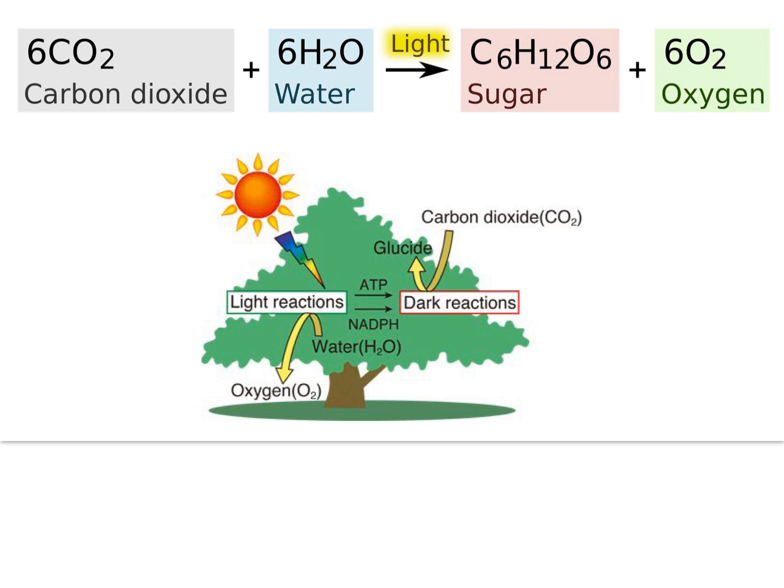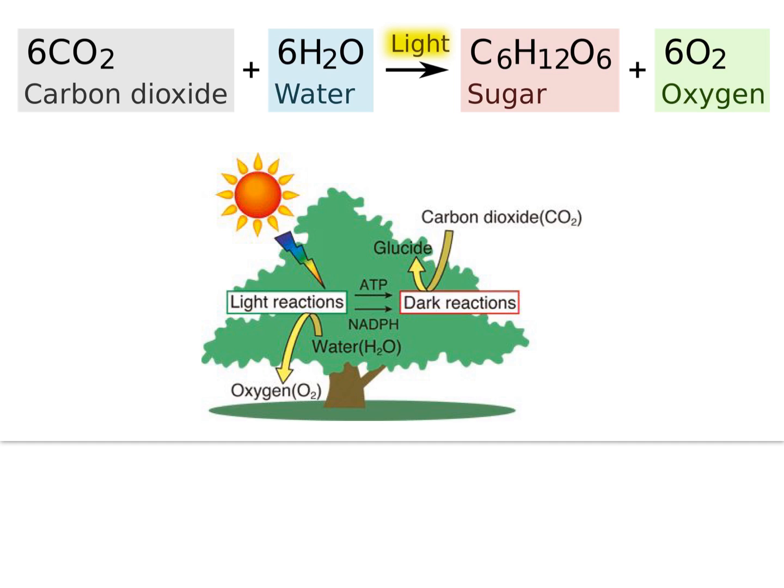For photosynthesis, our equation is 6 carbon dioxide plus 6 molecules of water, with light involved, gives us C6H12O6, or our lovely glucose, and 6 molecules of oxygen.